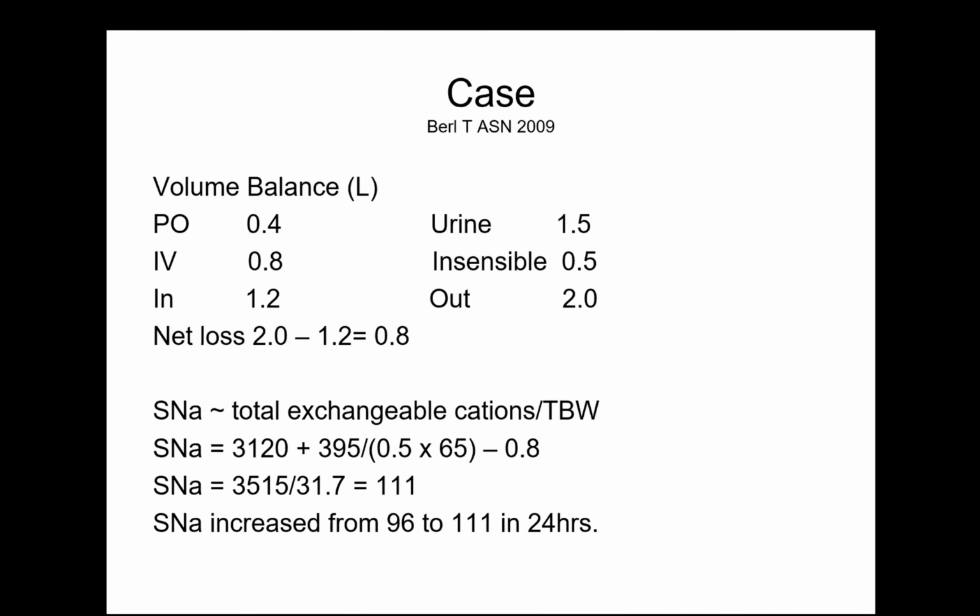Now, in terms of her volume balance, we said she took in 400 PO and 800 IV, and she put out 1.5 liters of urine, and she had insensible losses of 0.5. So she's in 1.2 and she's out 2.0, so she's net out 0.8.